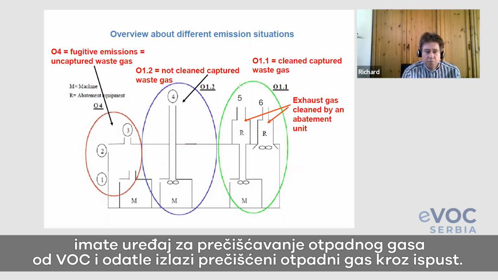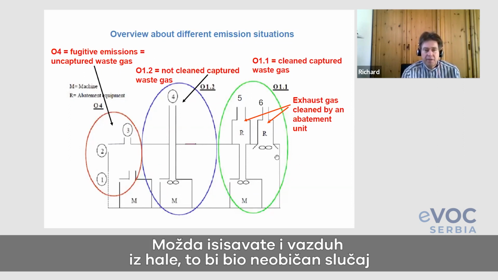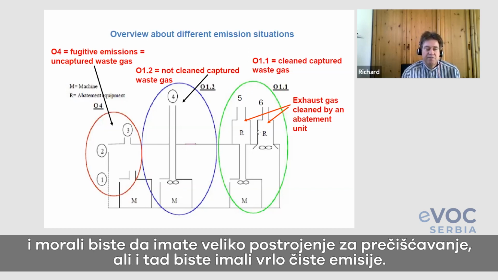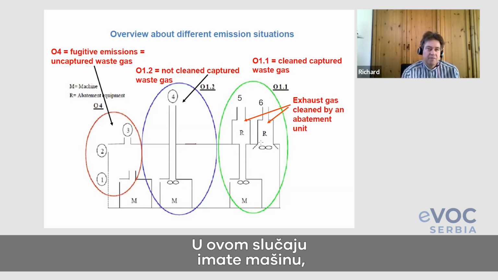So that is the typical configuration. You have a cleaned stack emission. And maybe you suck off the room air, but that is a very strange case, and you would have a large installation for abatement. Then you have a cleaned stack emission too, but that is a very rare case.